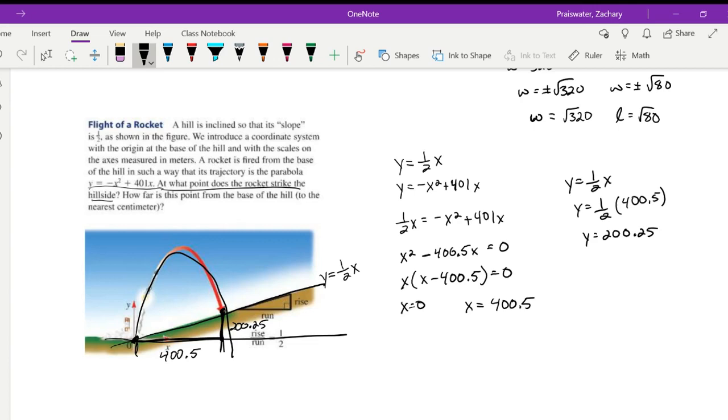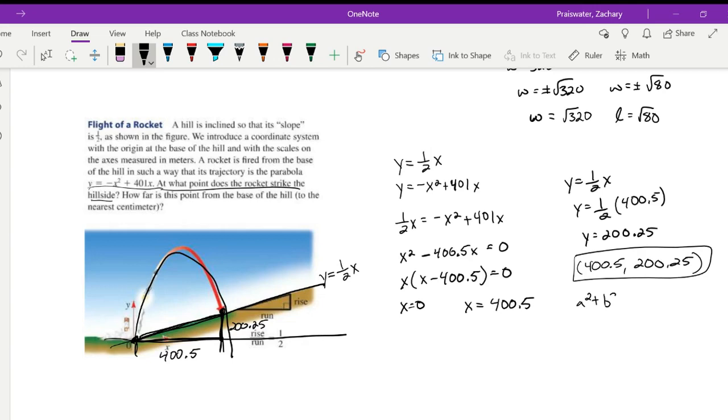And they also want to know how far is it from the base of the hill. And so that would be from, if you were to go on the incline. So here's the point, I guess let's write that. Use the Pythagorean theorem on the next part. And then using the Pythagorean theorem, you can do a squared plus b squared equals c squared to find this distance here.